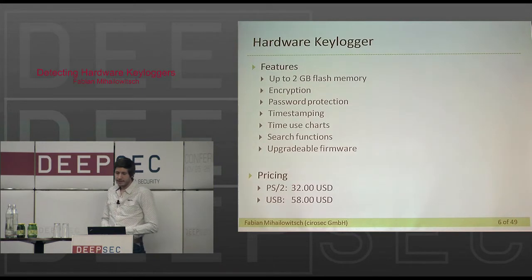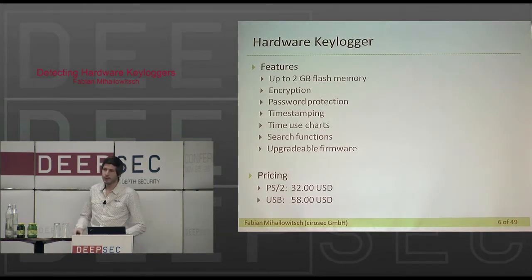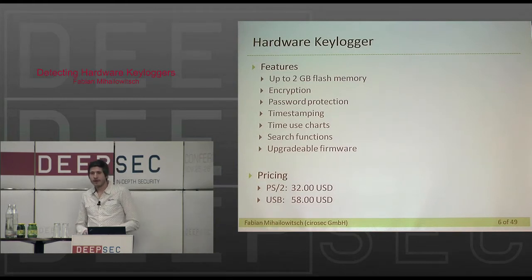Features of current keyloggers include up to 2 gigabytes of flash memory, so you can log plenty of data. They provide encryption, so if the keylogger gets lost, nobody can recover the memory unless they have the right password. They have timestamping functions where every key press is assigned a timestamp, and you can create time usage charts to see when the computer was used.